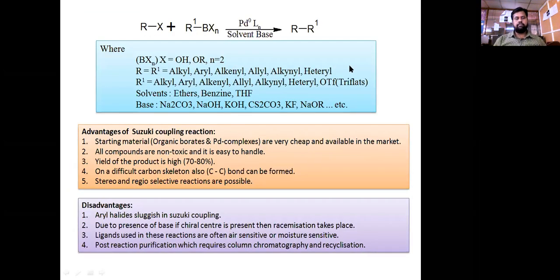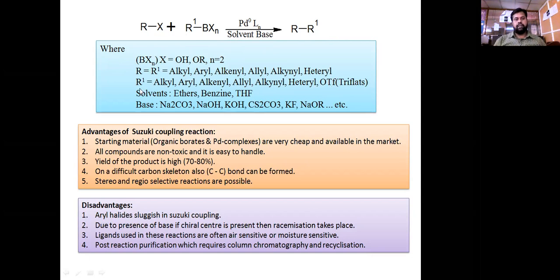So this is a basic example with RX, any halogen containing alkyl halides, and R1BX, boron substituted compounds. If we use any palladium catalyst with solvent and base, we will get this coupling product R-R'. Here R' can be alkyl groups, aryl groups, alkenyl groups, allyl groups, or heteroaryl groups also.